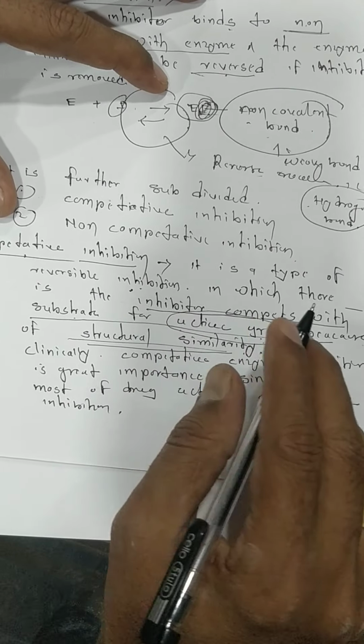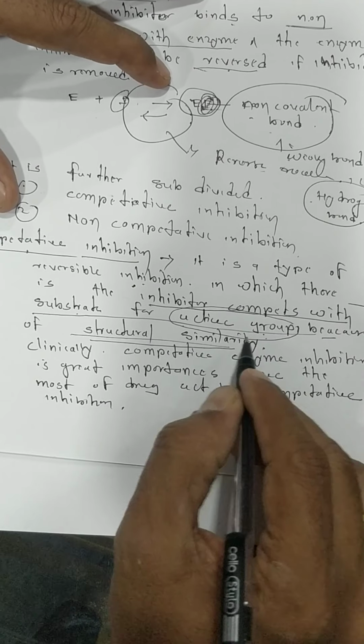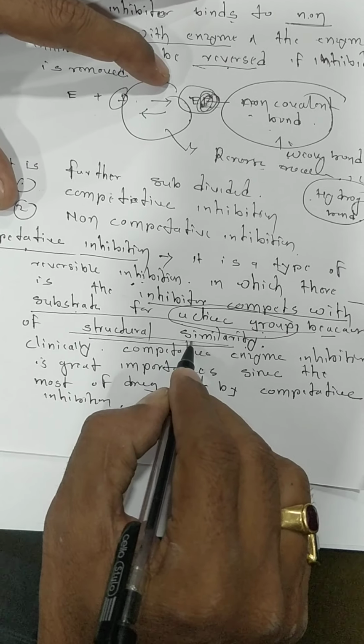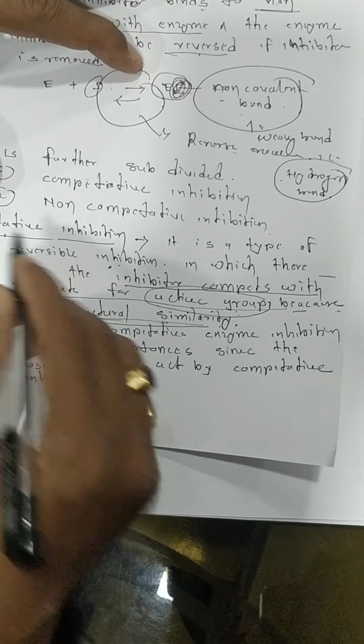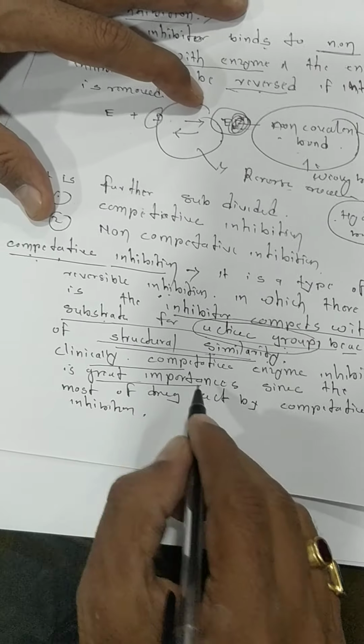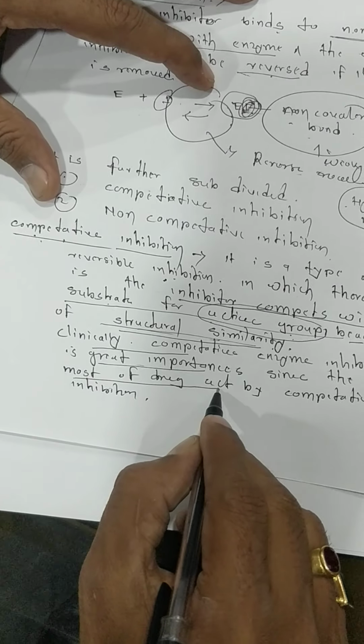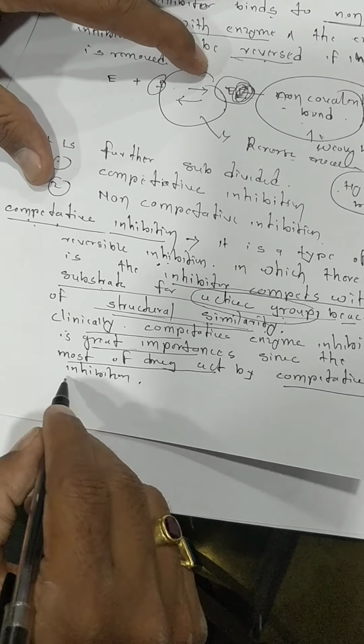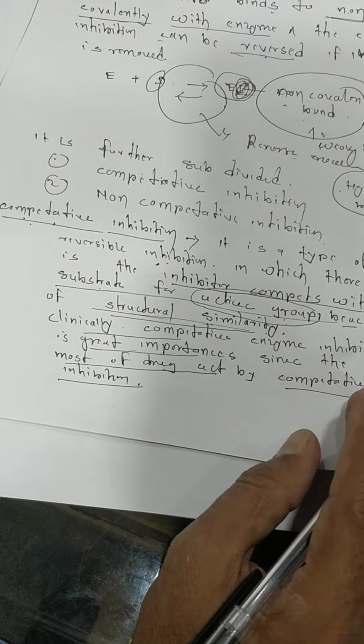Hence it is called competitive inhibition. Clinically this is most important: most drugs show competitive enzyme inhibition.